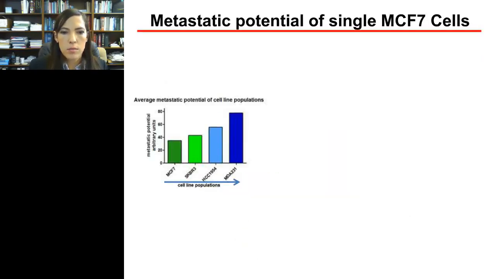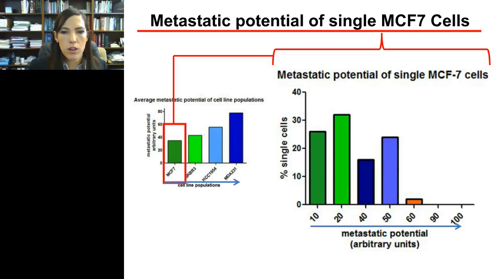So here's the same graph that I just showed, looking at traditionally isolated RNA, or the average metastatic potential. But now we interrogate single cells that have been sorted in a single cell manner, so each one of these represents, on the y-axis, the percent of single cells.